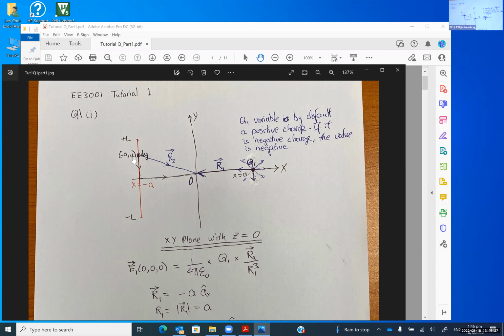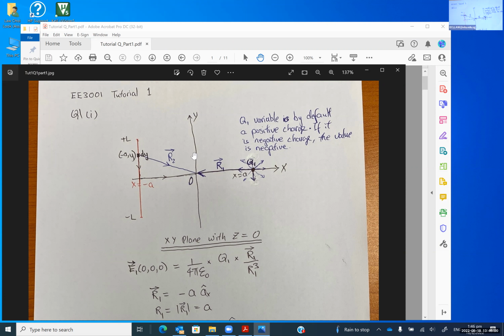You decompose this R2 into the x unit vector means you move along here parallel to the x-axis until you reach here. Then you come down vertically in the y-axis, in this direction. Then you are basically getting this R2 vector. Agree with that? So starting from this point charge to hit the y-axis, moving along the x-axis, what's the magnitude you move?